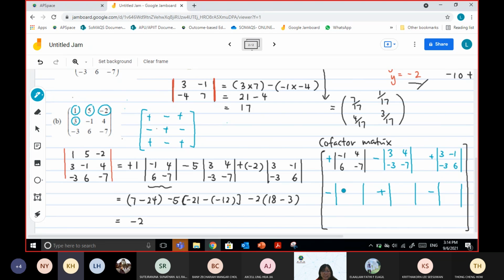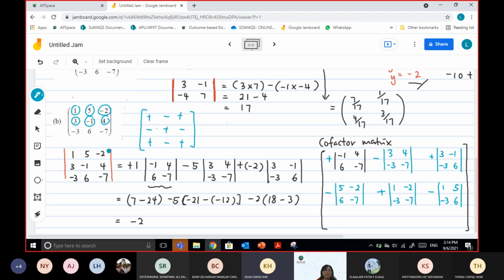What should I put in the determinant? 5, negative 2. Then? 6 and negative 7. Second one? 1 and negative 2. Then? Negative 3 and negative 7. Yes, correct. And the last one? 1, 5, negative 3 and 6. Yep, correct.